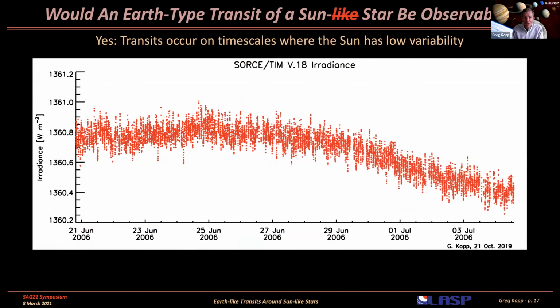So yes, transits occur on time scales where the sun has low variability. And if you simulate a transit on typical solar data, it pretty well jumps out when you see an 80 part per million or so Earth type transit. So luckily, we're not up against an impossible problem, even though stars and the sun can be very variable. Thanks.